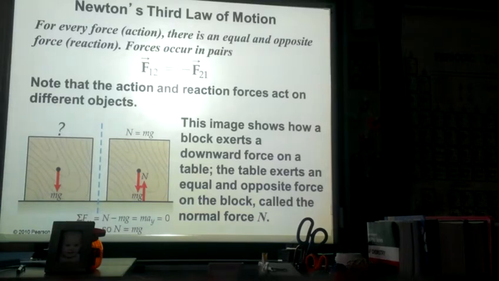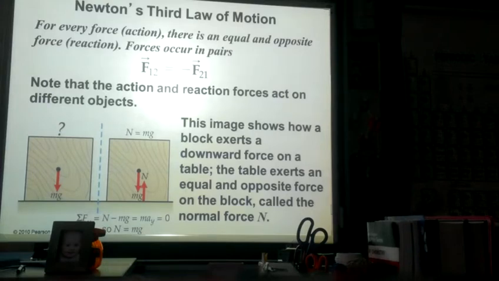So Newton's second law is that acceleration is directly proportional to force while being inversely proportional to mass. Newton's third law states that for every action, there should be an equal and opposite reaction, or an equal but opposite force. All forces occur in pairs. That's what Newton believed, that all forces occur in pairs.